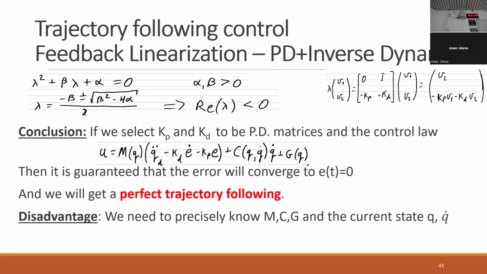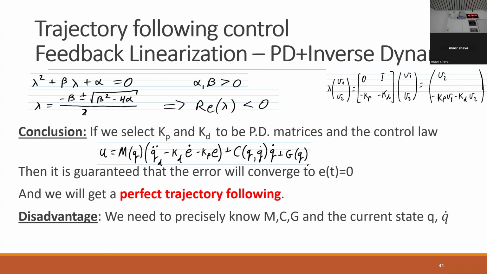Therefore, anyhow, if beta and alpha are positive, the real part of lambda will be negative. And therefore this matrix will have eigenvalues on the open left half plane.